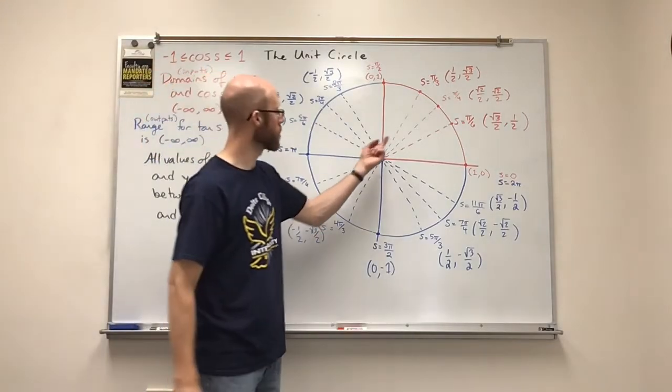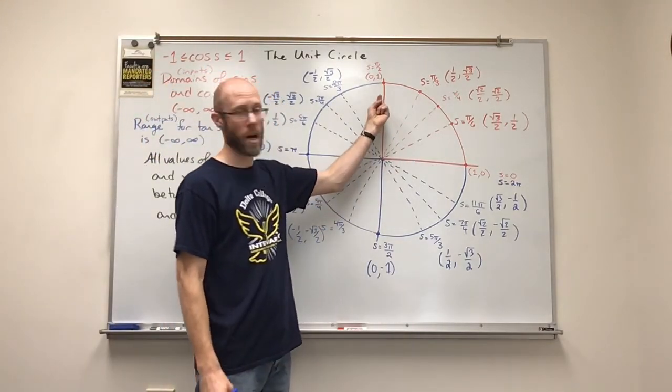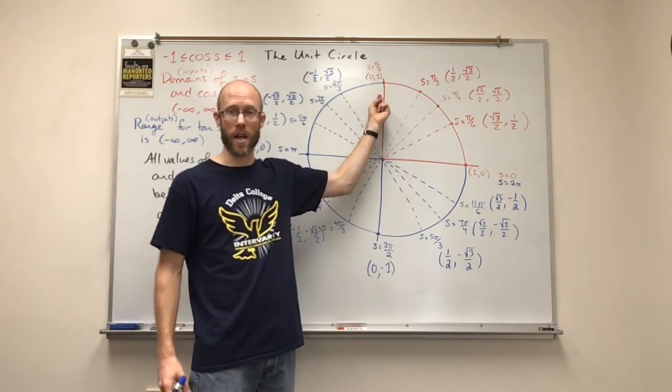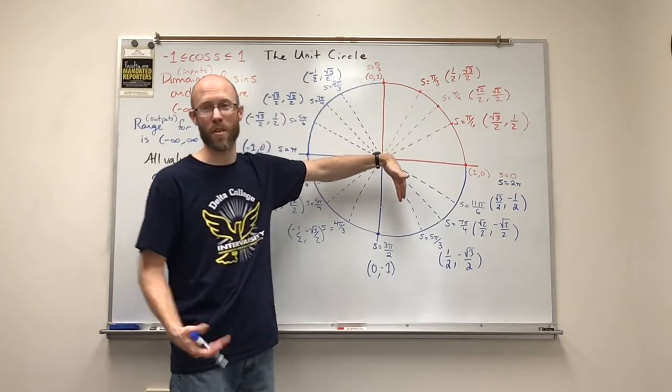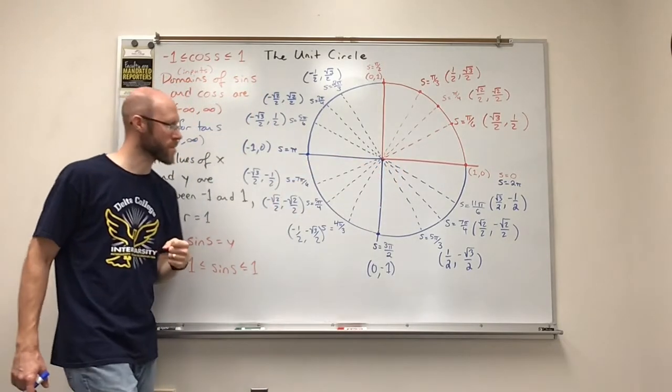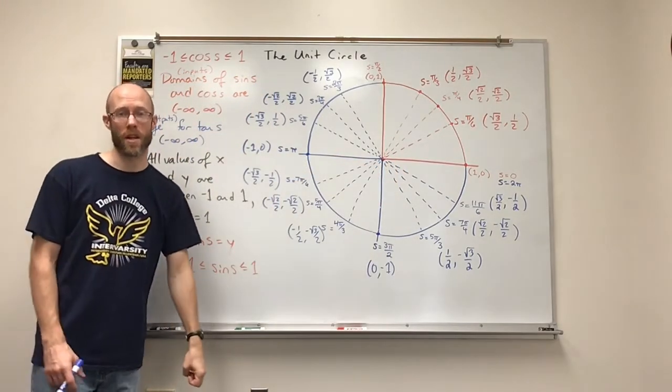The domain is the problem here, because in the domain you cannot include pi over 2, because that gives you an undefined tangent. You cannot include negative pi over 2 or 3 pi over 2, either one. It's the same thing, because it has an undefined tangent.